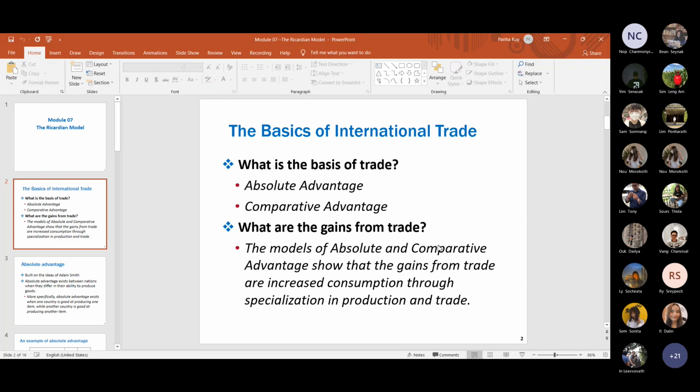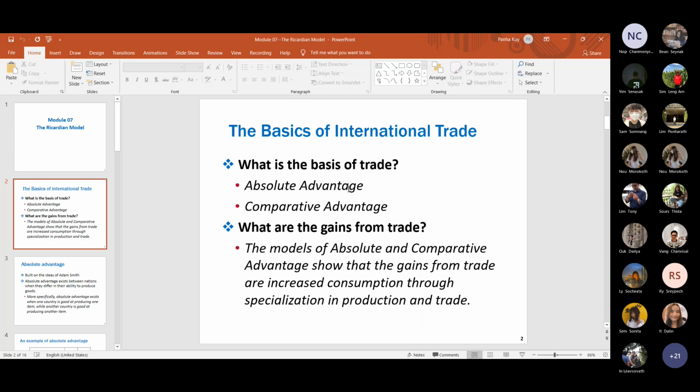So what is the basis of international trade? We can say that in order to trade, each country needs to observe absolute advantage and comparative advantage. Absolute advantage was introduced by Adam Smith, while comparative advantage was introduced by David Ricardo.